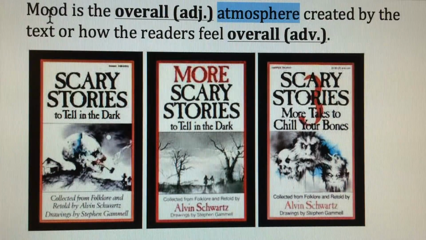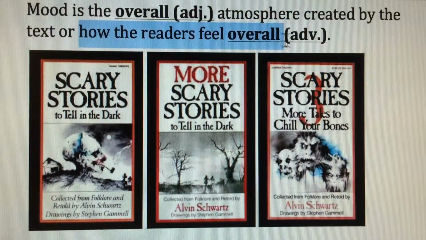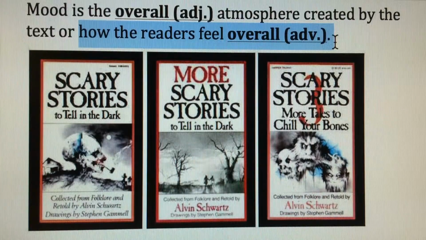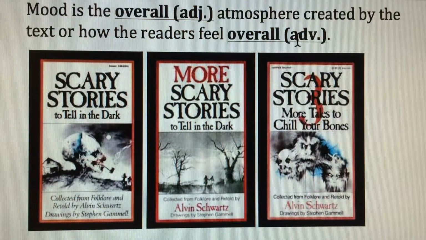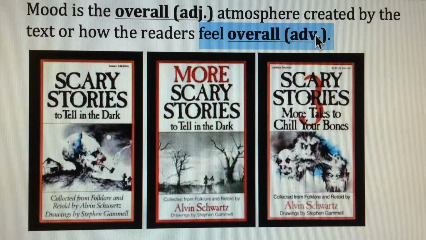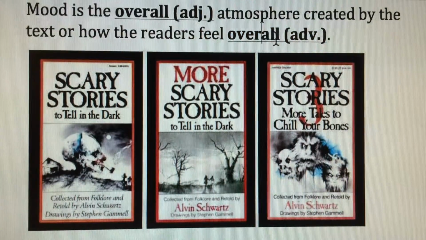We can also talk about mood being used to describe how the readers feel overall. So when readers read a text, they'll have certain feelings throughout the entire text, and so how they feel overall is how we can use it as an adverb. Here, overall is an adverb describing the verb feel. Okay? So feel overall, overall atmosphere. Either way, you can use it.